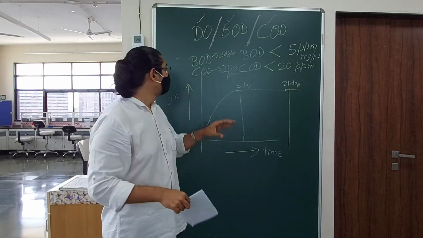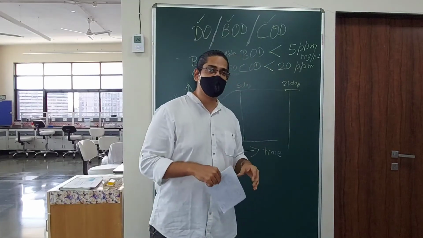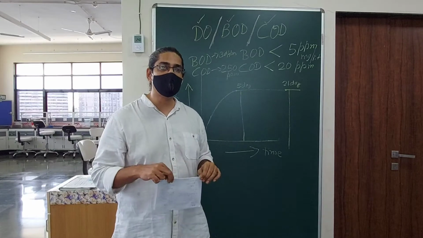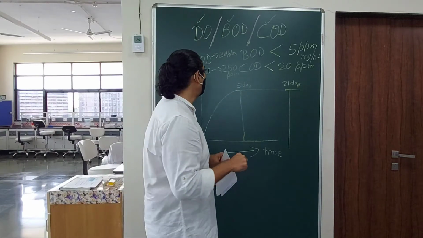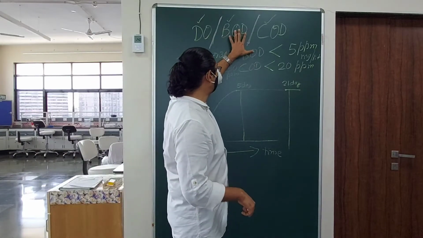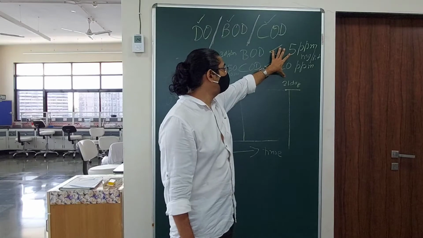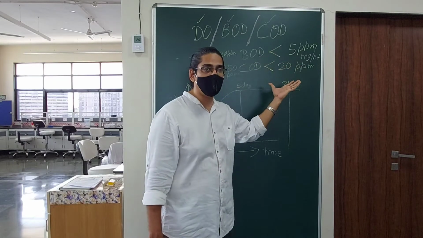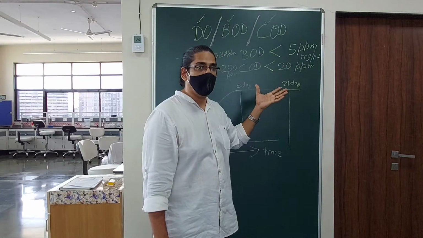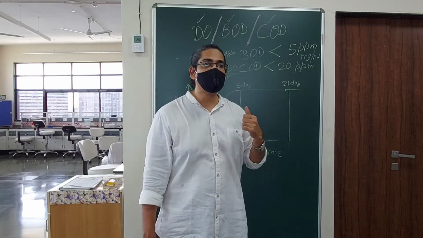Right. Now, what does it mean to us? It means that your potable water should be in this range so that it is fit for drinking. Now, from the perspective of a water purification plant, what does it mean?